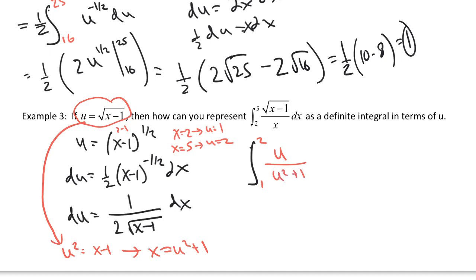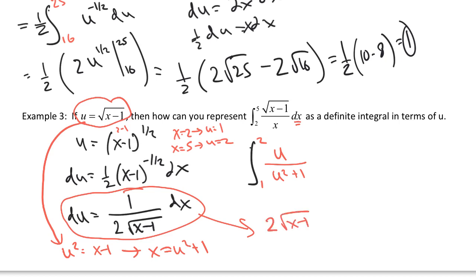And then I have dx. I can't write dx, I need du. So again, I have an equation that involves dx and du, and I can take that and solve it for dx, because I want to replace dx. So here dx is going to equal 2 root x minus 1 du.